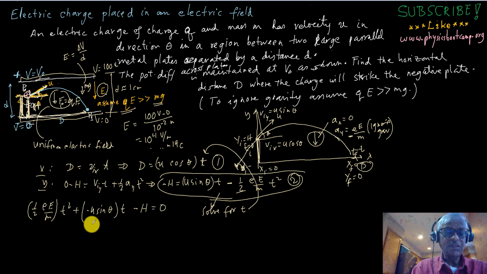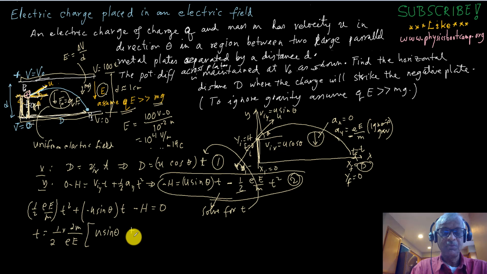So the t is just going to be 1 over 2 times this number, so that's going to be 2m over eE, 1 over 2a times minus b, this is going to be u sine theta. Then you have a plus and minus, but we don't want the minus because we want the future square root, so we ignore the minus.